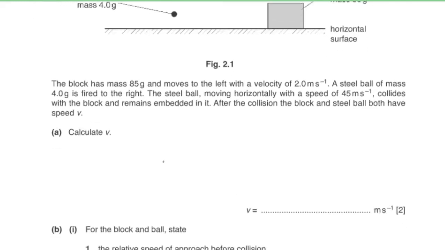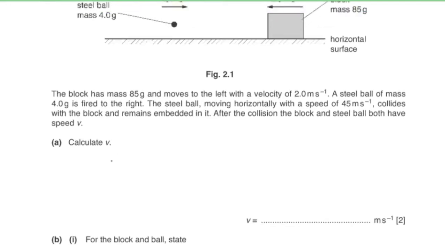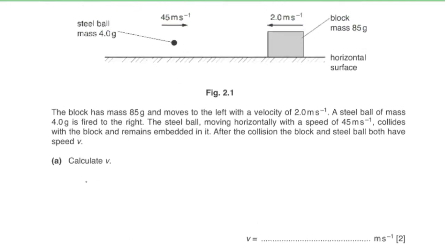Calculate v. So before collision, the sum of momentum is going to be the momentum of the steel ball, which is mass times velocity, and the momentum of the block, which is again mass times velocity.